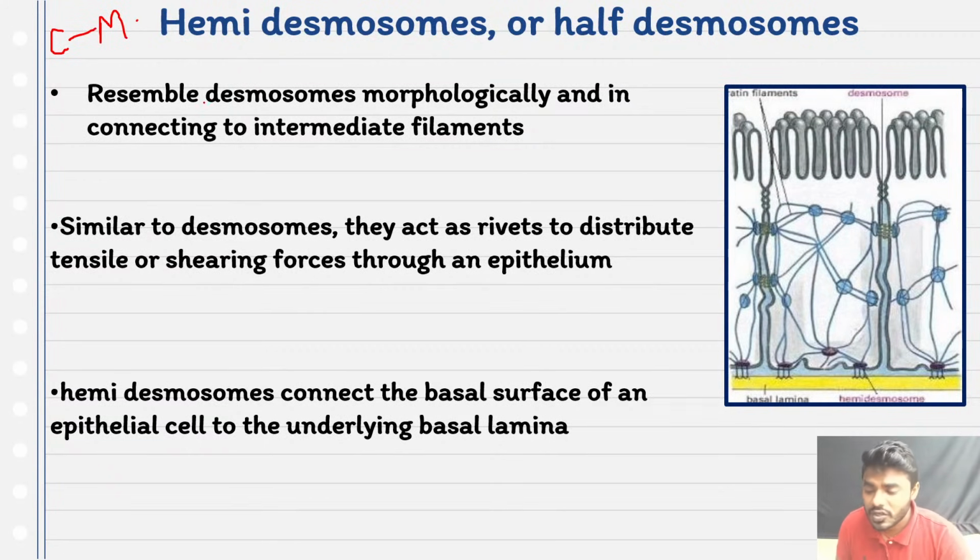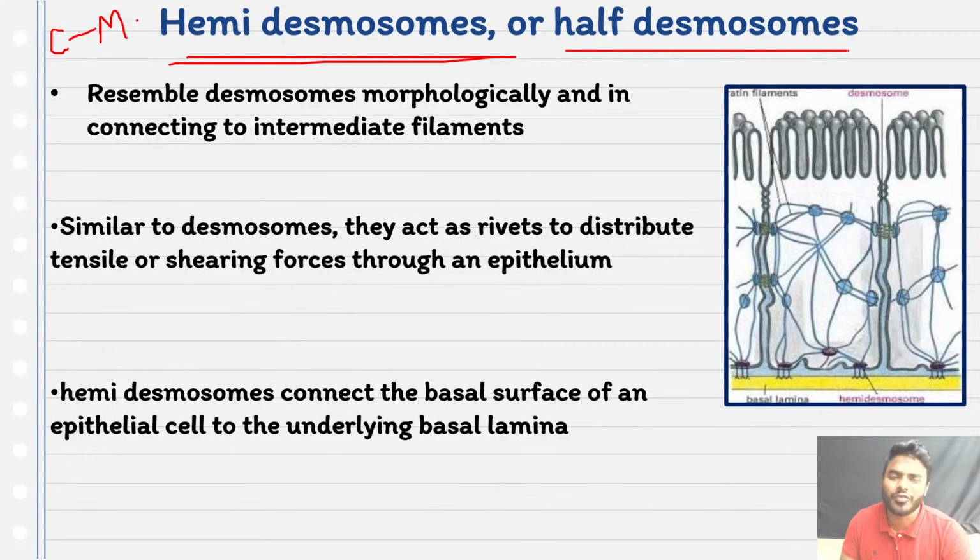And listen to me very carefully. Here we have written that hemidesmosomes are half desmosome. I won't call it actually half, I will call it 90%. Friends, hemidesmosomes, I am talking 90%, are structurally and functionally similar.